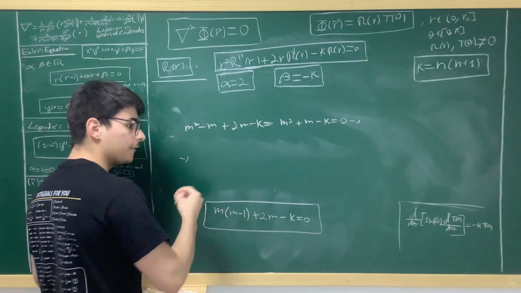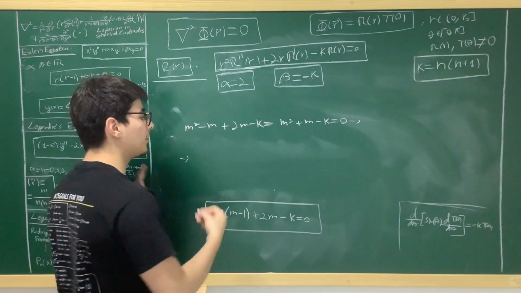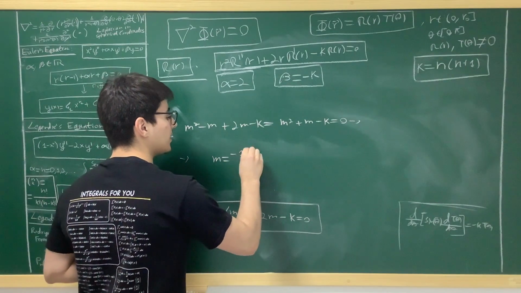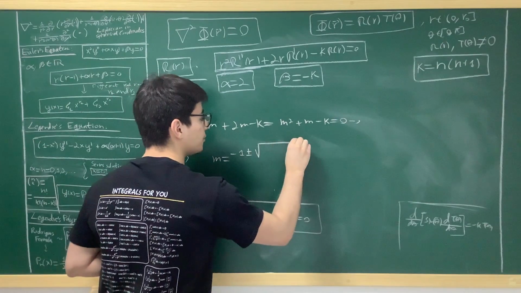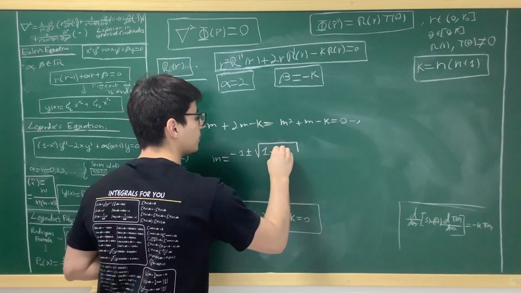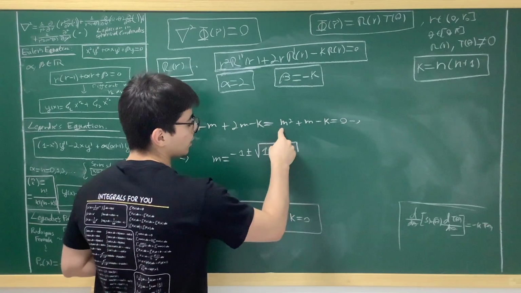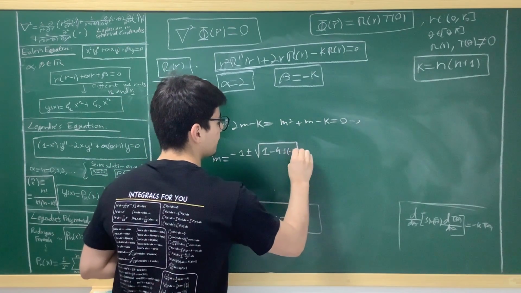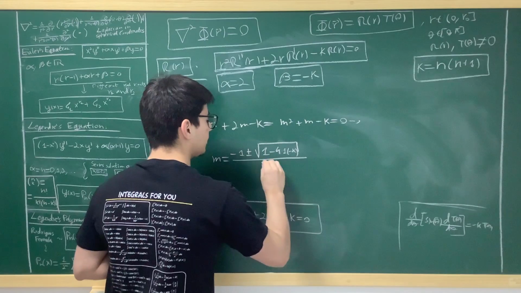With our quadratic formula, which we learned in primary or high school, we have that m is just minus 1 plus or minus the square root of 1 minus 4 times 1 times minus k, over 2 times 1.